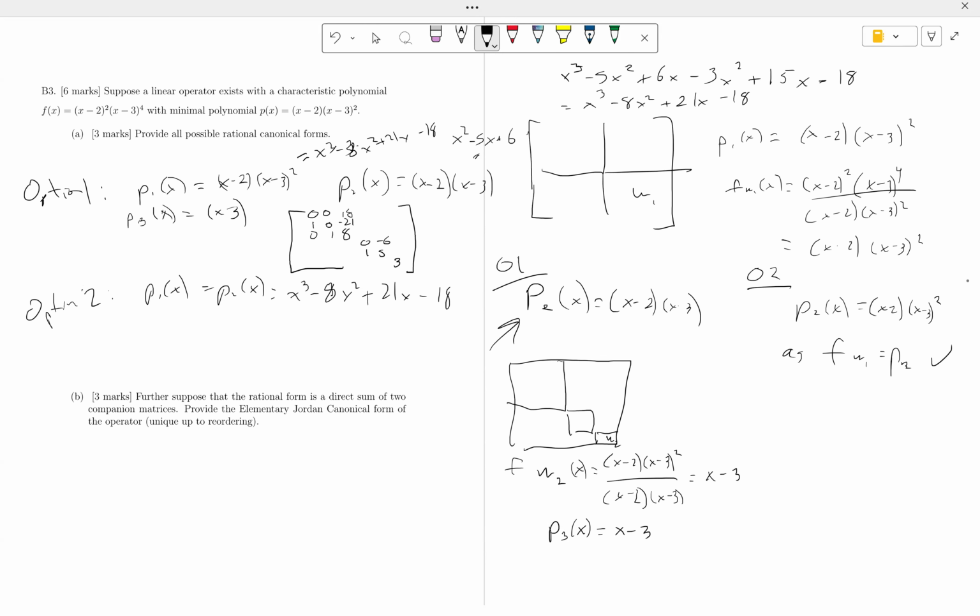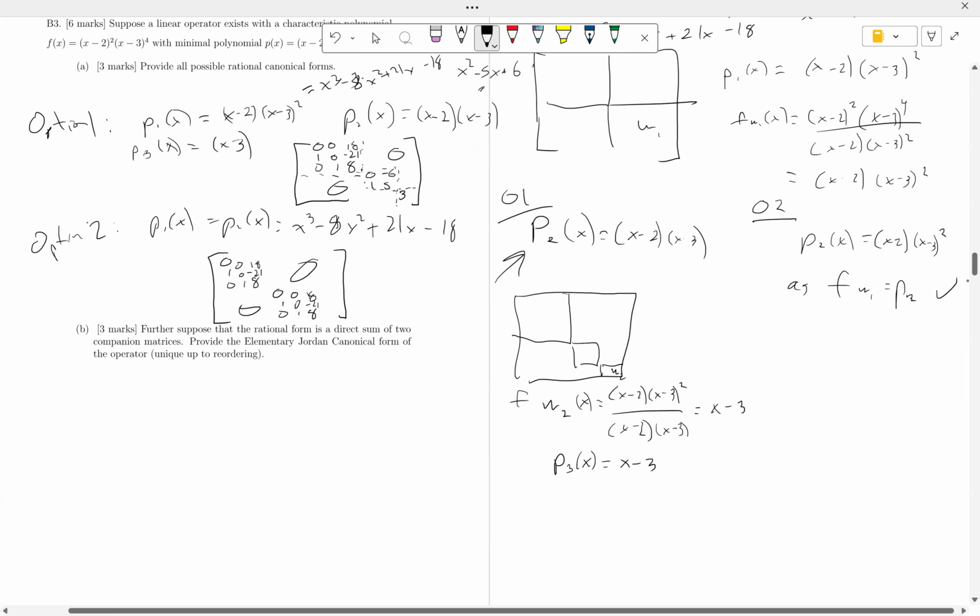My second rational form has 2 blocks, and the two blocks are the exact same: 0, 1, 0, 0, 0, 1, 8, minus 21, 18, then again 0, 1, 0, 0, 0, 1, 8, minus 21, 18. It might help when defining a rational form to block it off in this way.